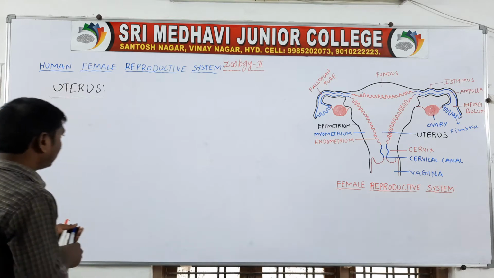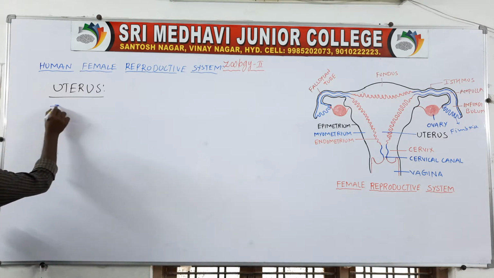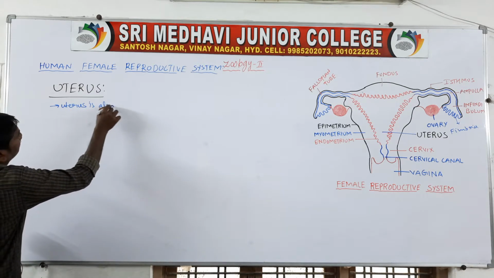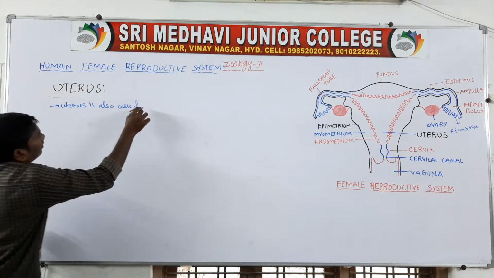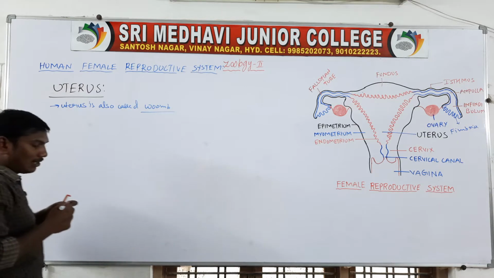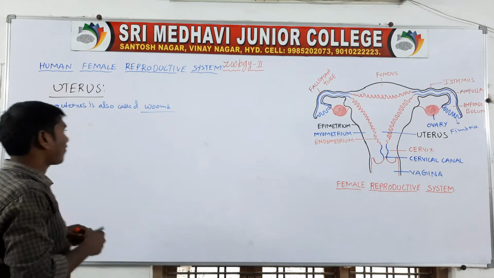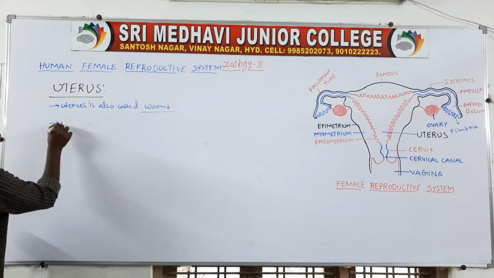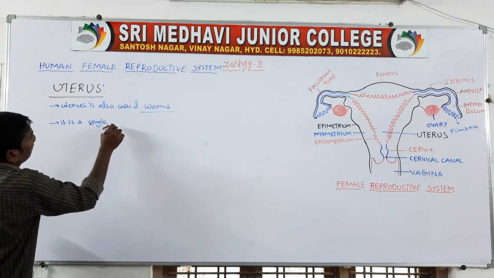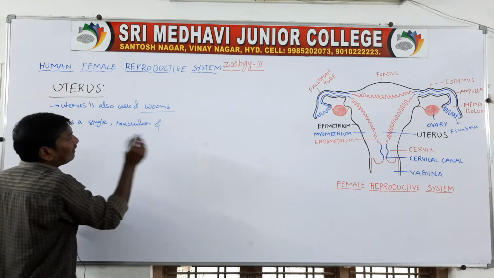The uterus is also called the womb. It is a single, muscular and highly vascular structure.